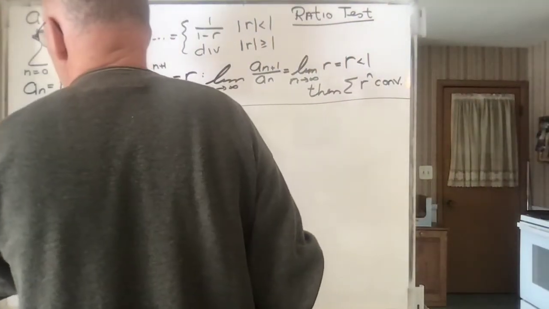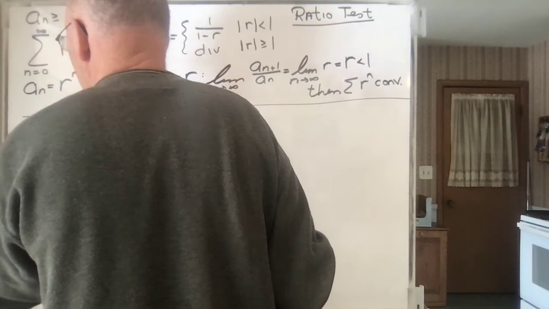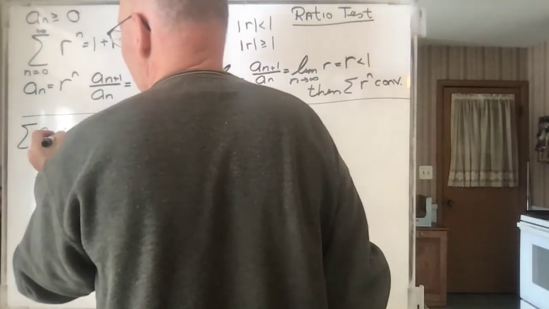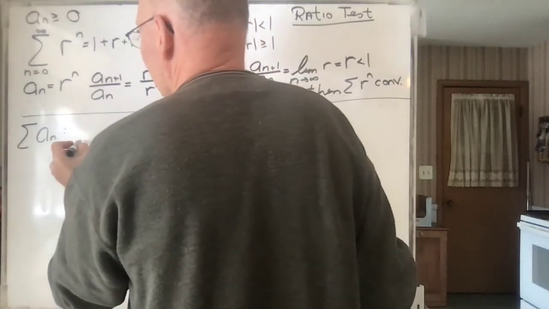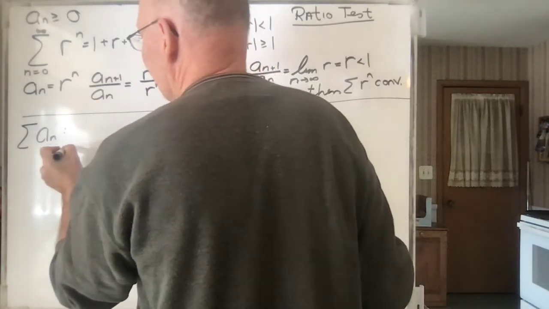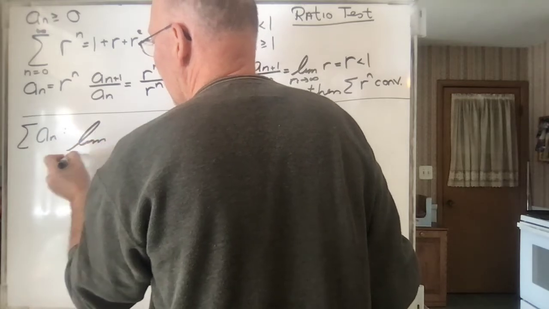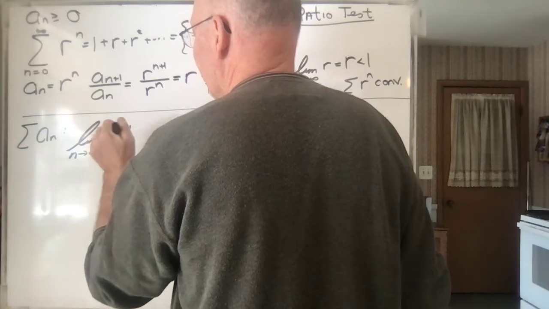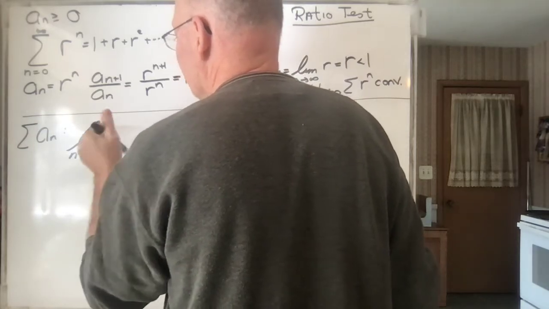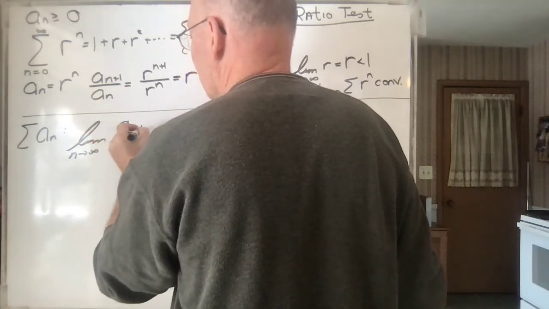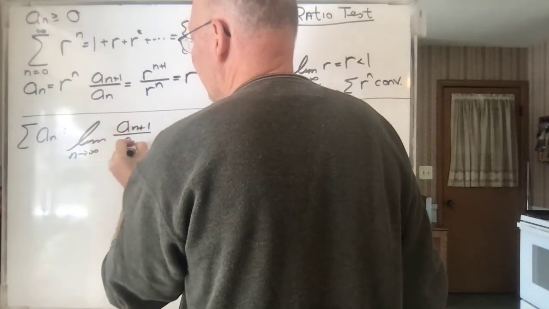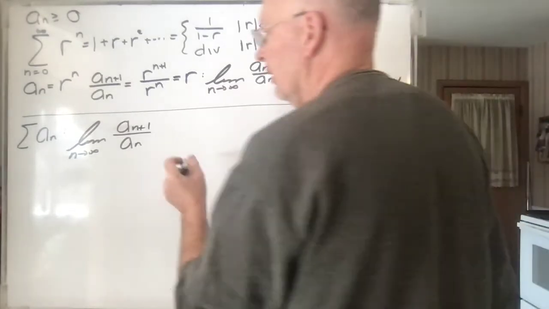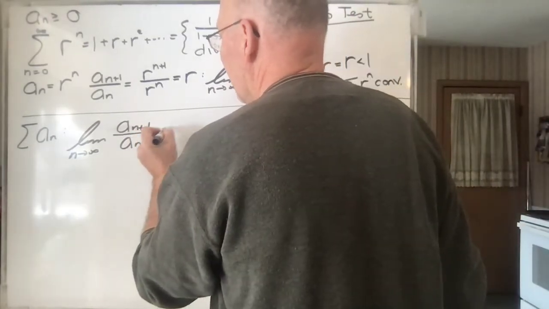So suppose I've got this series now, a sub n, where again the a sub n's are greater than or equal to 0. And let's do the same thing I did right here. Let's take the limit as n goes to infinity of the n plus first term divided by the nth term, and let's say that limit is equal to r.